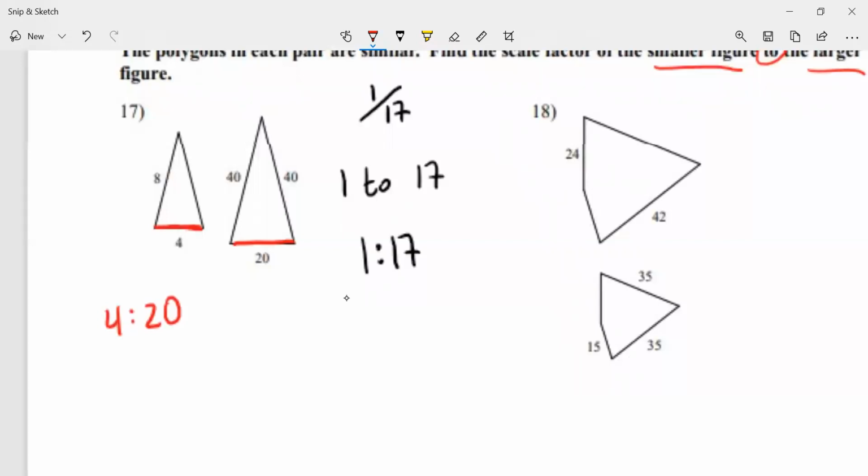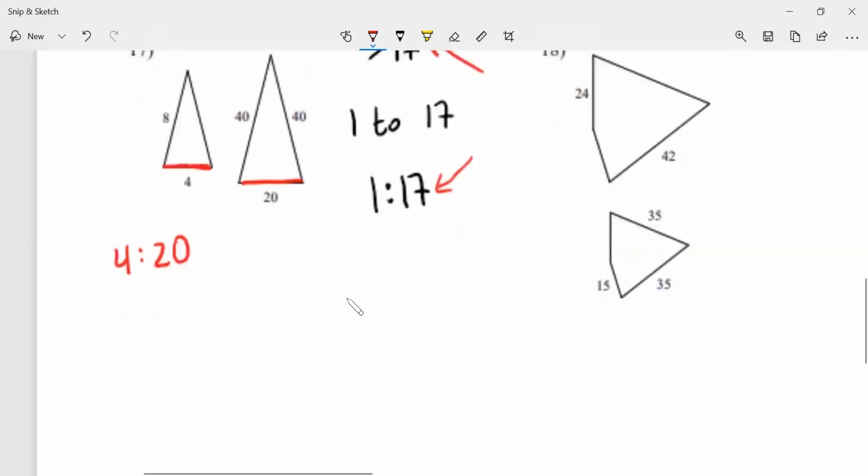But remember how I said one way to look at a scale factor is as a fraction. Remember how in fractions you can simplify your numbers. That means that with this third way, you can simplify as well. Looking at our work so far, it's 4 to 20. I'm going to divide them both by the same thing to get smaller numbers.